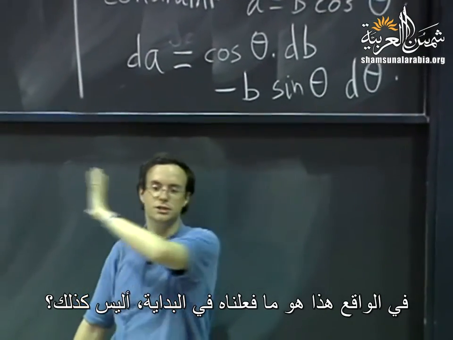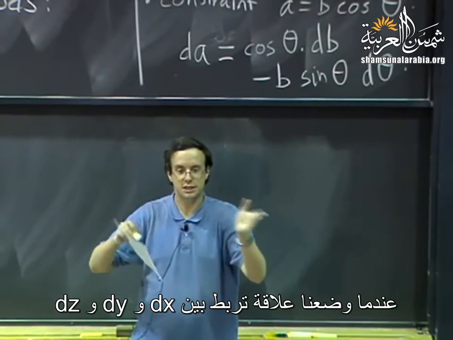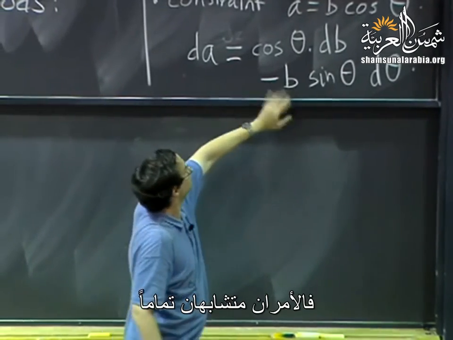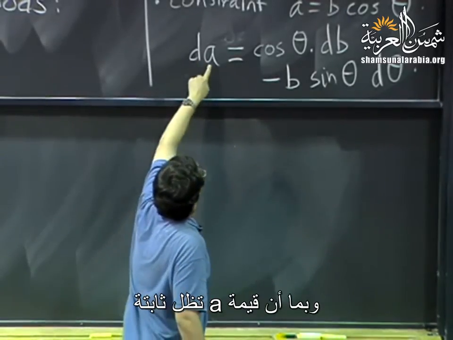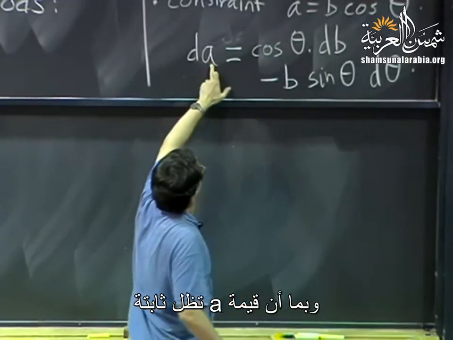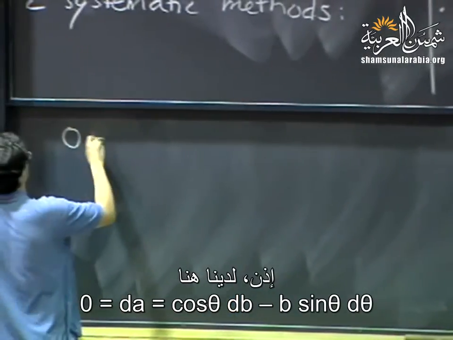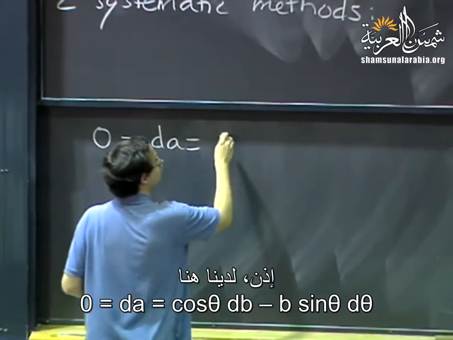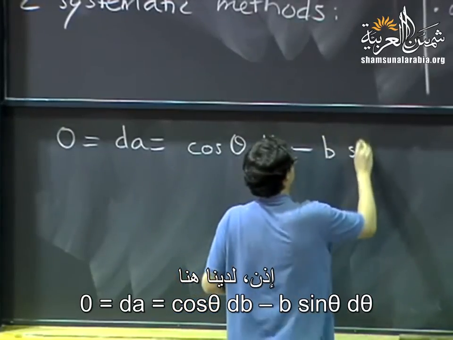That's the same sort of thing as what we did at the beginning when we related dx, dy, and dz. That's really the same thing, except now our variables are a, b, and theta. Now we know that also we're keeping a fixed, so actually we set this equal to 0. So we have 0 equals dA equals cosine theta dB minus b sine theta d theta.